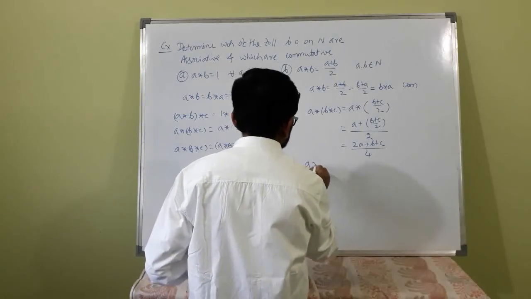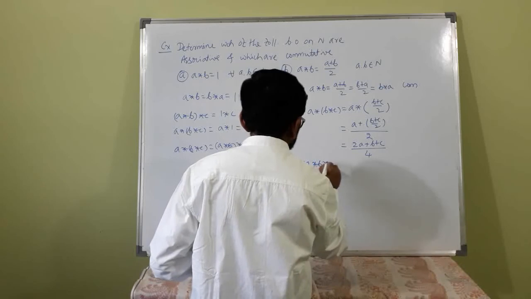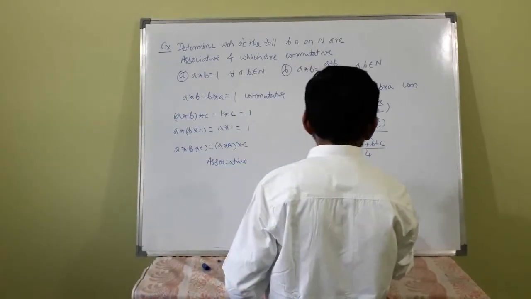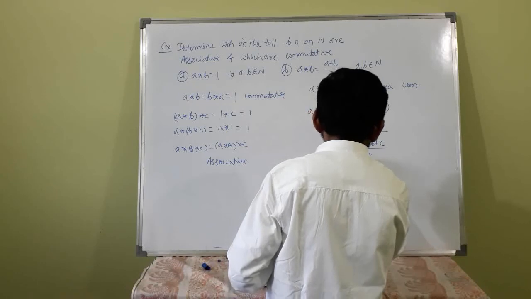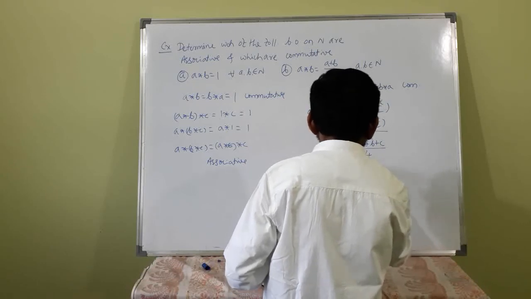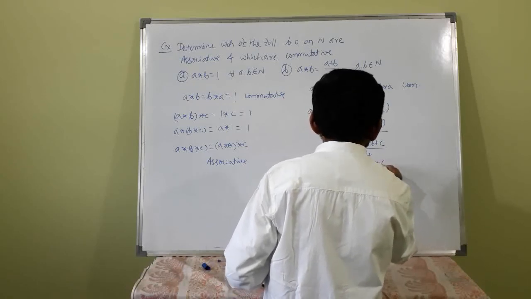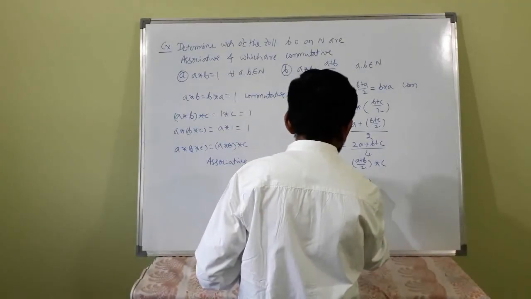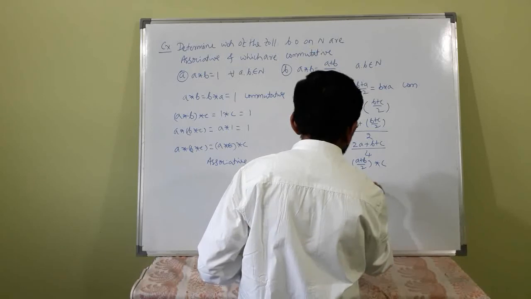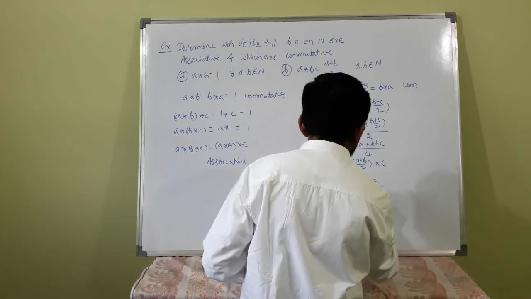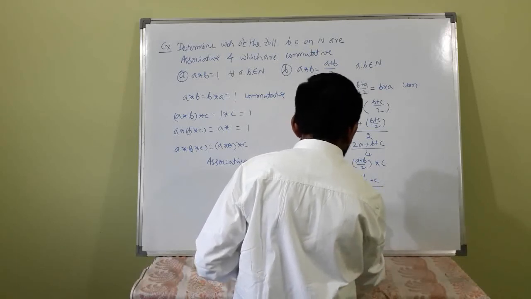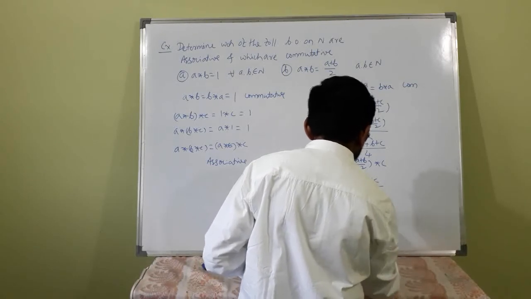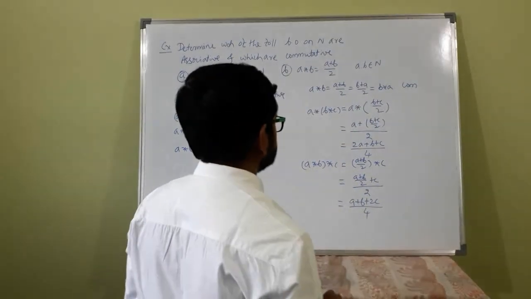Now a star (b star c) is equal to a star ((b plus c) by 2), which is (2a plus b plus c) divided by 4.